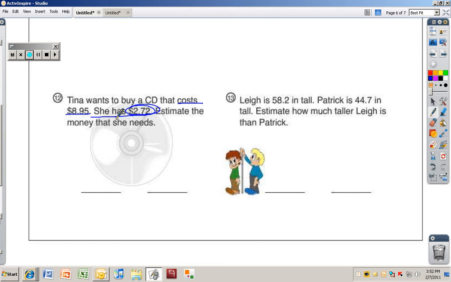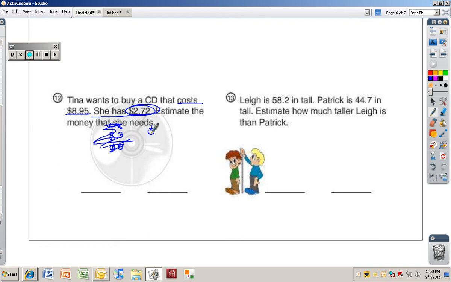Okay. So this would turn out to be $3. And she wants to buy that. So, am I doing it right? Yep, keep going. So you're gonna multiply? Wants to buy something that costs $8.95 and has $2.72. How much more? Oh yeah, good. So it would be $8. You'd subtract that. Do $5. Why did you round $8.95 to 8? Oh, 9. Okay.